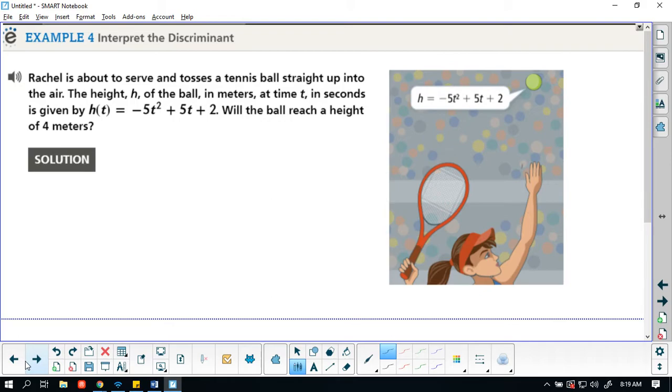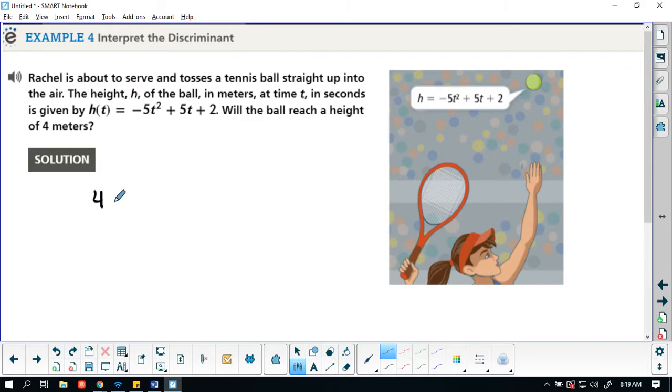All right, so let's look at this. I'm going to see if the ball reaches the height of 4 meters. So what I'm going to do here is take h of t and plug in 4 there. Then I'm going to have 4 equals negative 5t squared plus 5t plus 2.